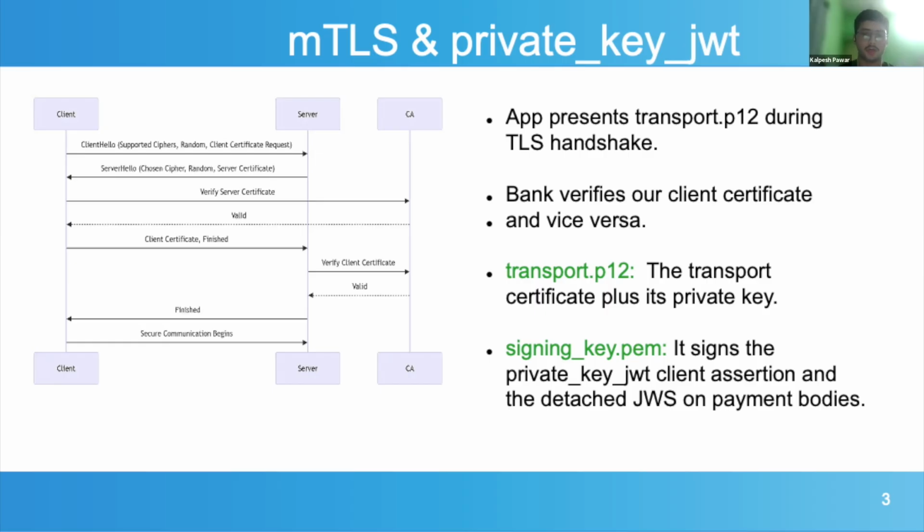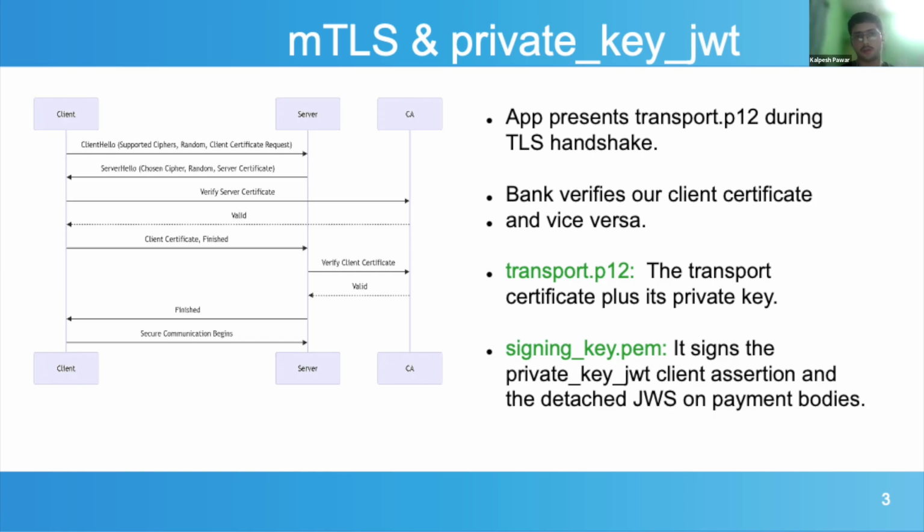The sandbox we are currently using provides us with two certificates. One is the transport certificate, used for securely communicating with the server. The server verifies our application's identity, and our application also verifies the server identity on each API request we make.